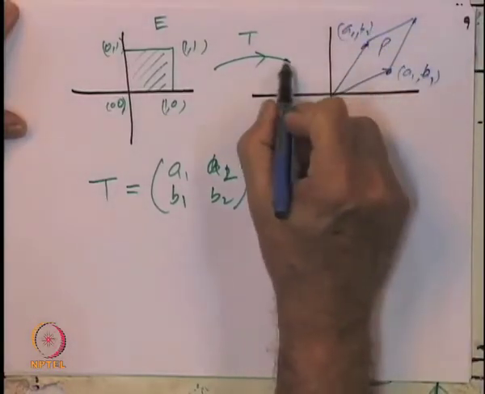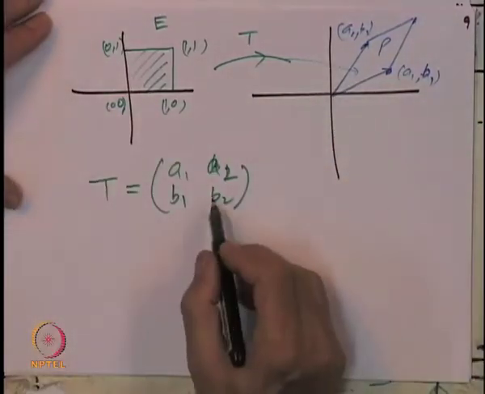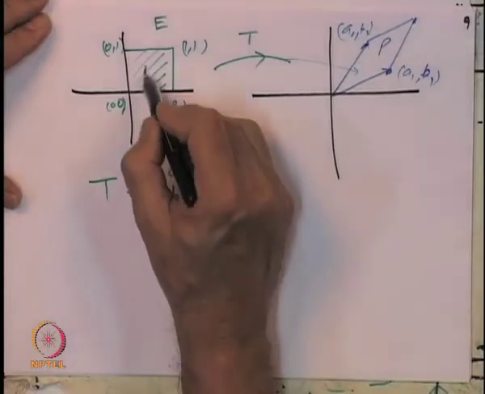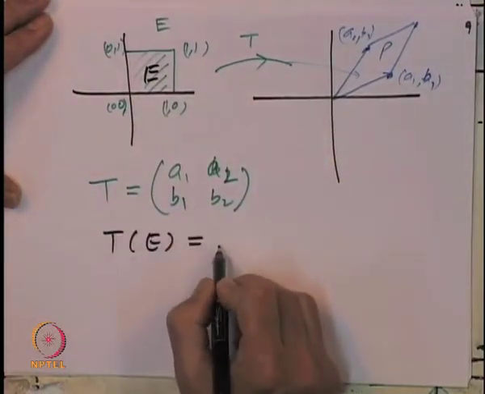So, this transforms to this parallelogram. So, if T is this and E is this set, then T of E is equal to P.